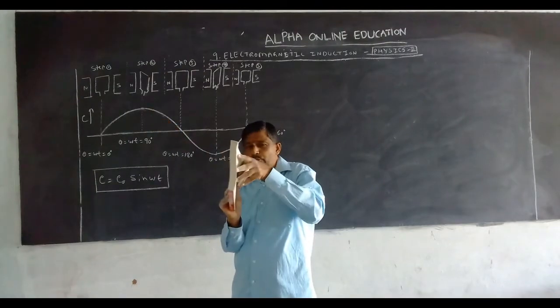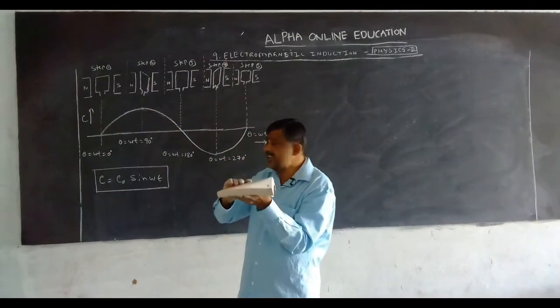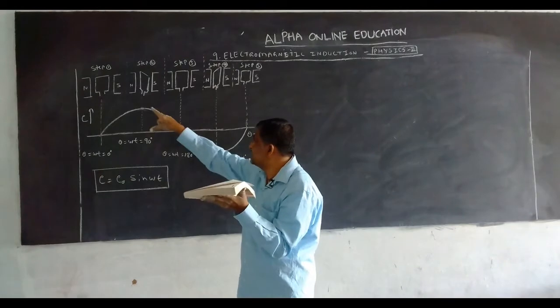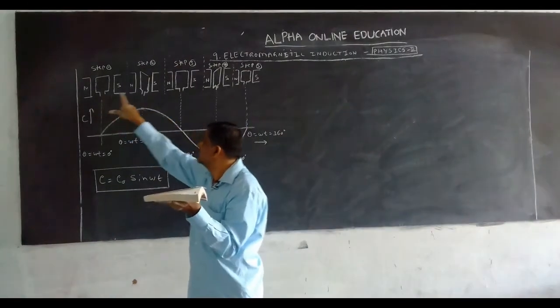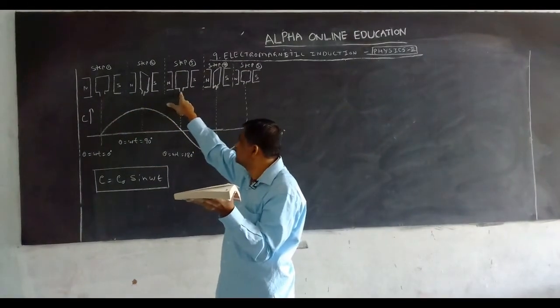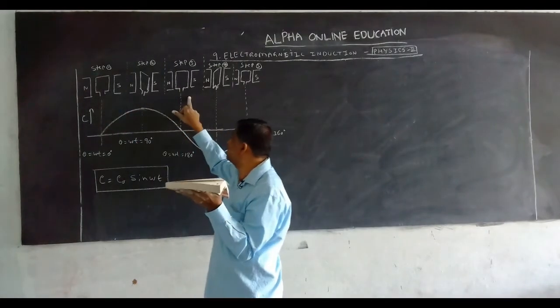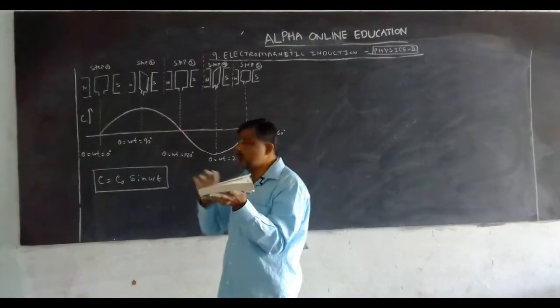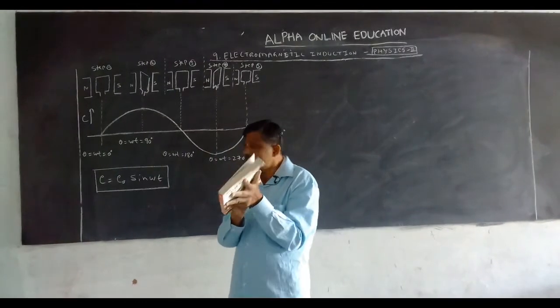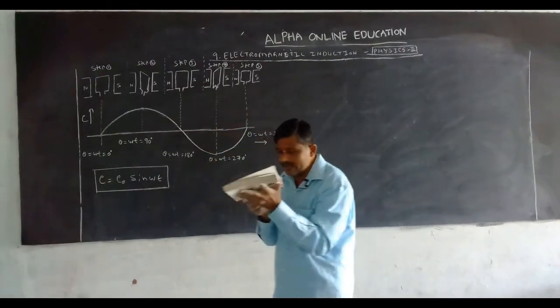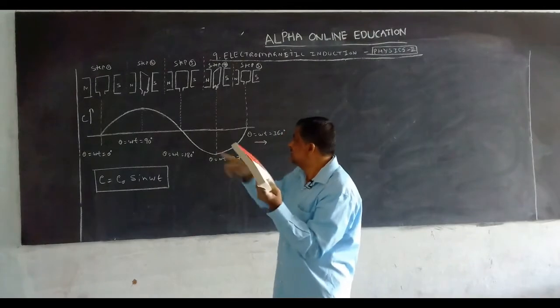Step 2, theta is 90. Step 3, theta is 180. See the diagram. Here 0, here also 0. Same diagram. Step 2, here like this. Next, step 4, it rotates. See the change in the diagram.